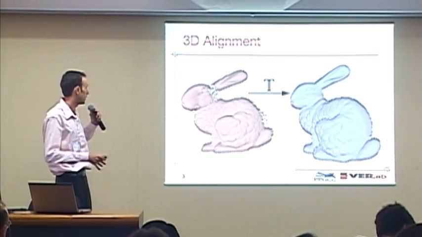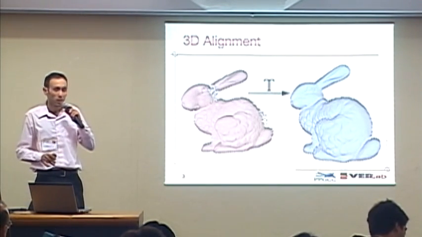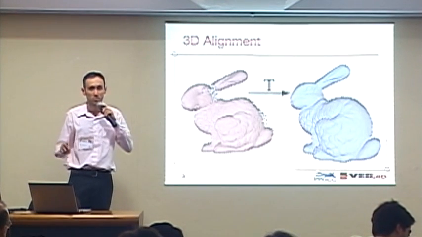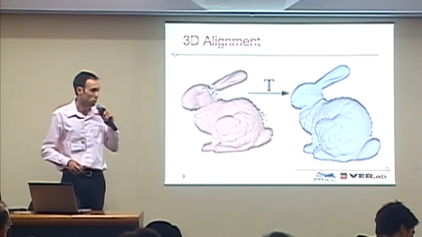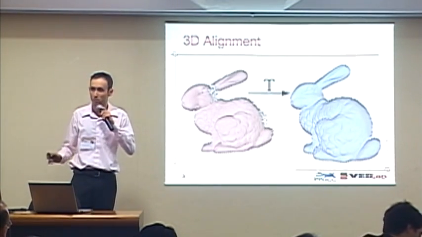This task, the three-dimensional alignment, consists in finding a transformation between two views of a scene or an object in order to represent both in a single coordinate system.